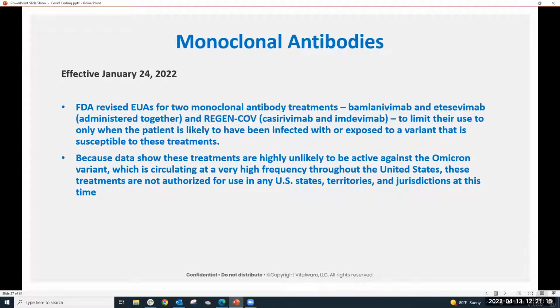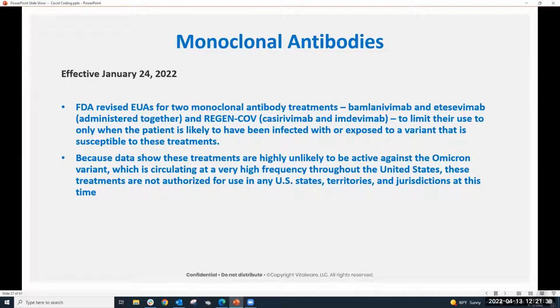All right, effective January 24th, 2022, the FDA revised EUAs for 2 monoclonal antibody treatments, bamlanivimab and etesevimab. They are administered together, and also Regencov, which is casirivimab and imdevimab.